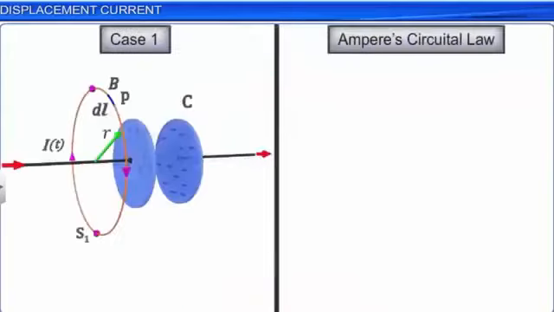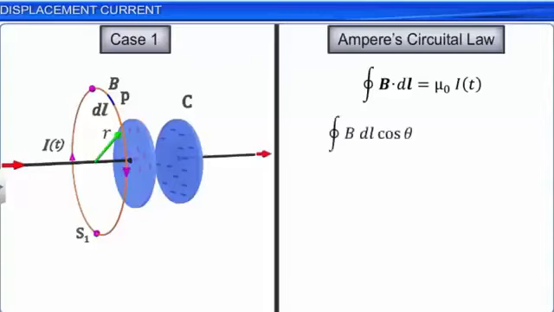From Ampere's circuital law, the integral over the closed loop of B dot dl is equal to mu naught I_T. Since B dot dl is equal to B dl cos theta, Ampere's law can be written as the integral over the closed loop of B dl cos theta is equal to mu naught I_T, where theta is the angle between the directions of the magnetic field B and the small element dl along the circumference.